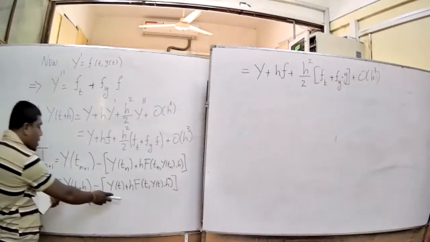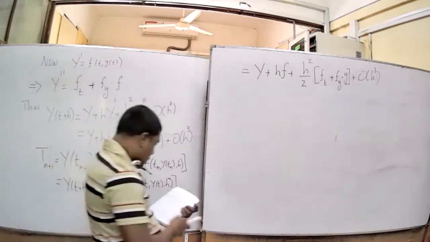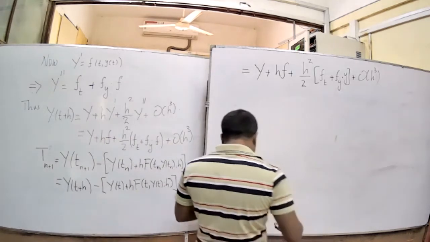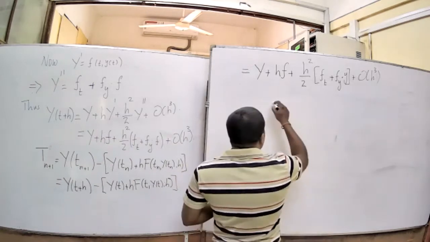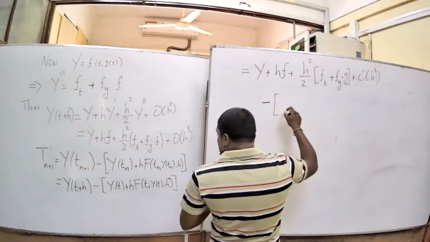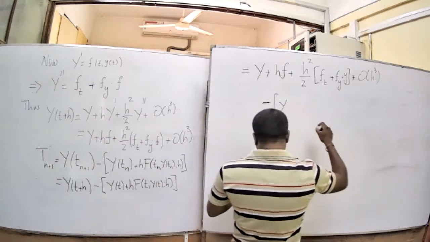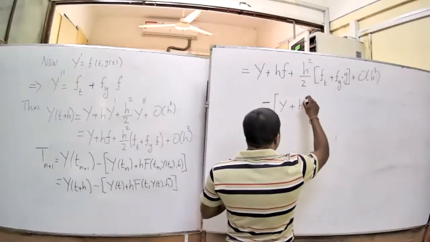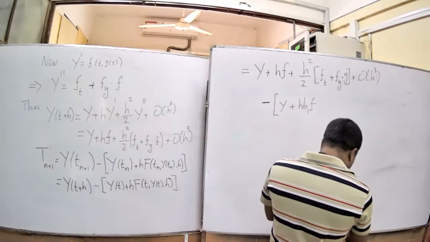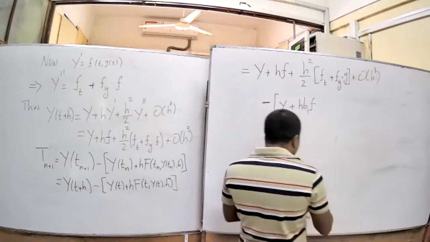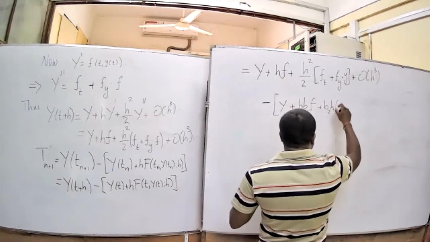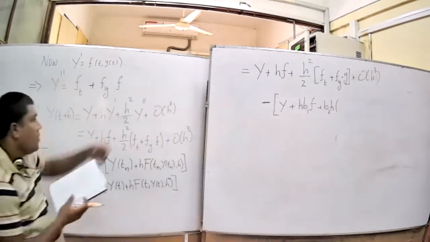And then for this, you can write it down. First, I will write the function. So minus capital Y, plus h b1 f, right, because your capital F is b1 f plus b2 h of f of that function, which I just erased.